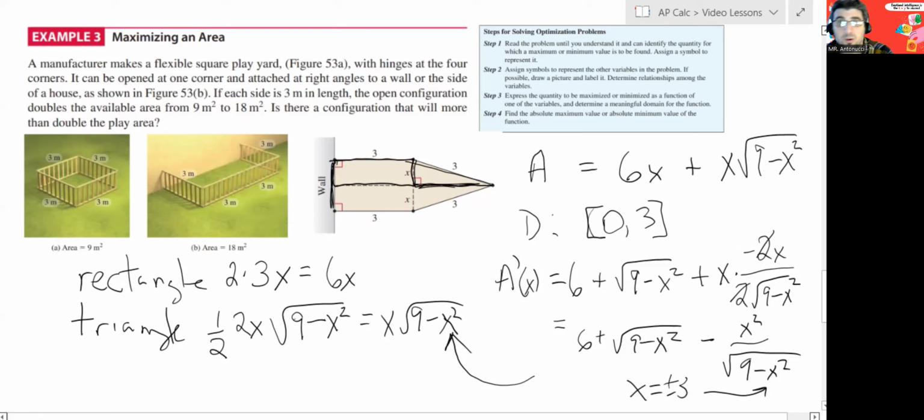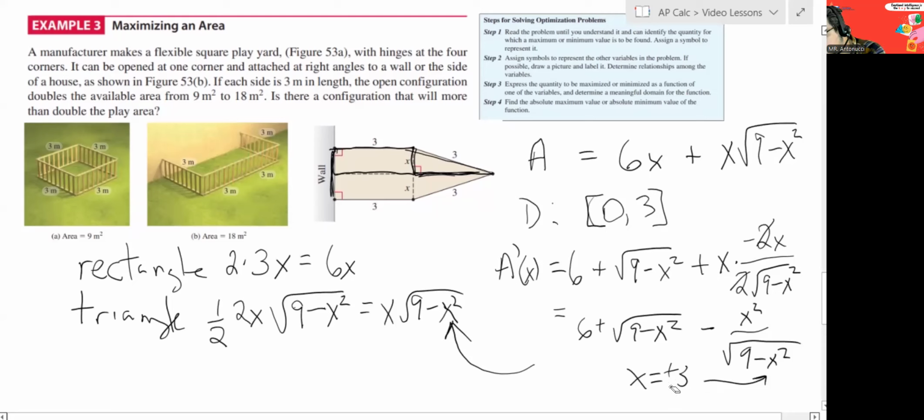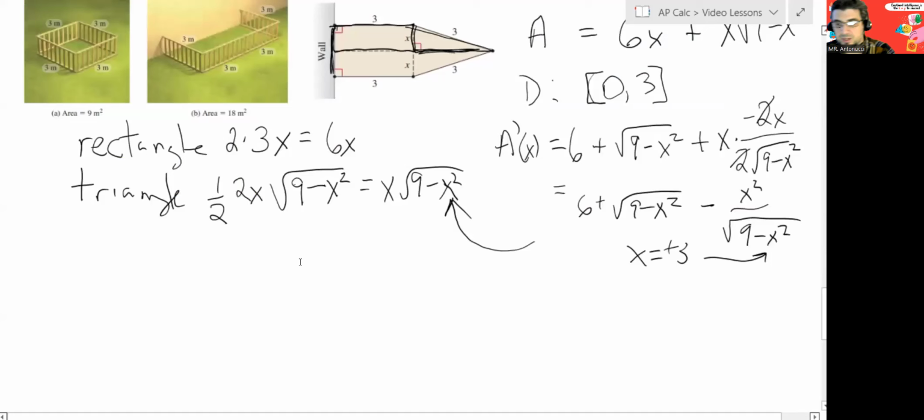All right, but we can throw away x equals -3 because that is not part of our domain. Okay, so moving along here, if we set this equal to 0 and then solve, we can go from there. All right, so I'll show you how to do that.